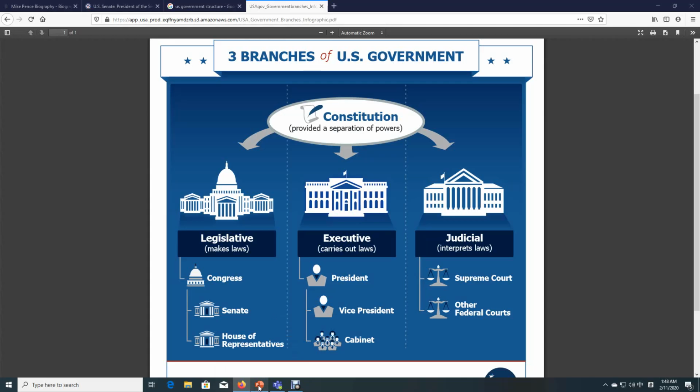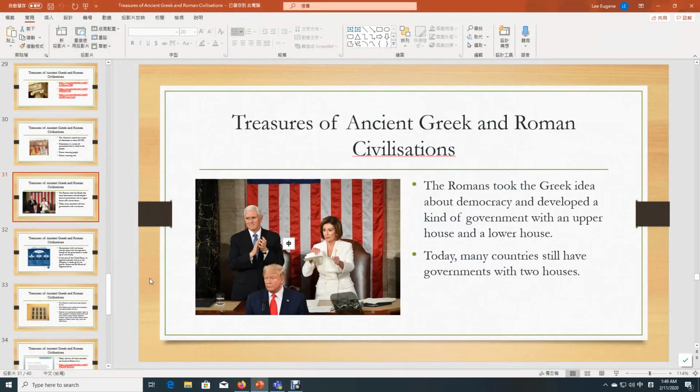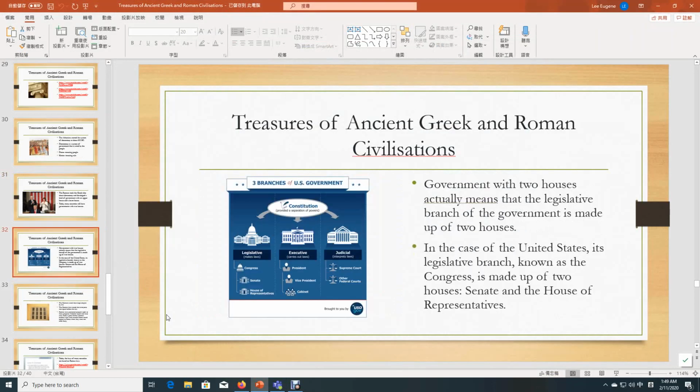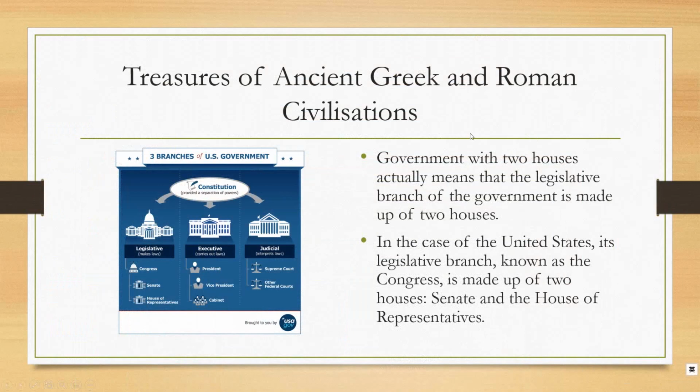So therefore, we can identify that many countries still have government with two houses. In the case of America, it means something different, or to be more accurate, we should say that the legislative branch of the U.S. government is made up of two houses.